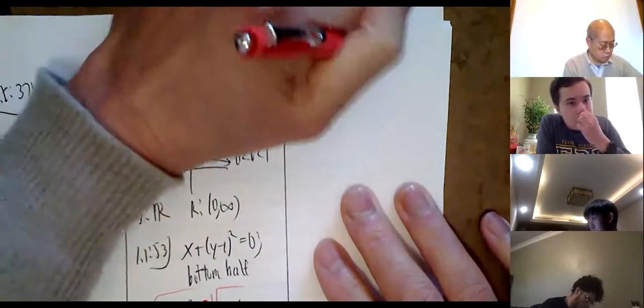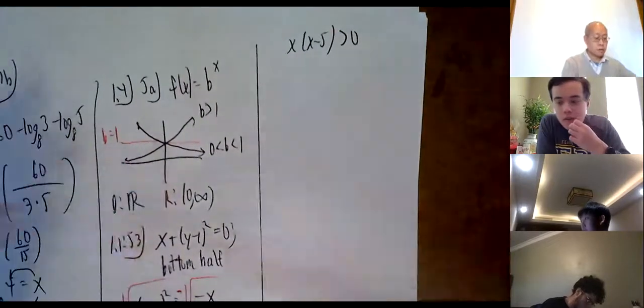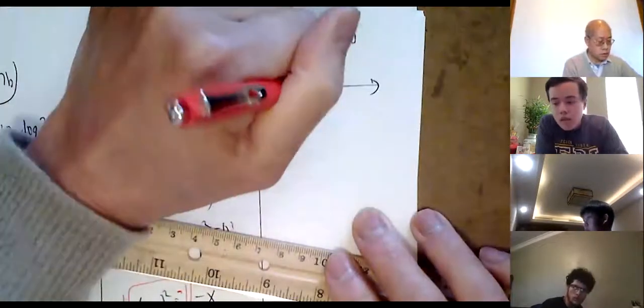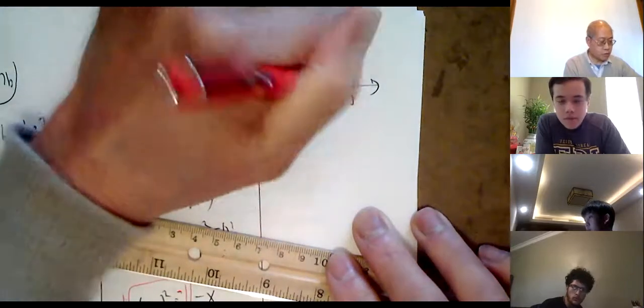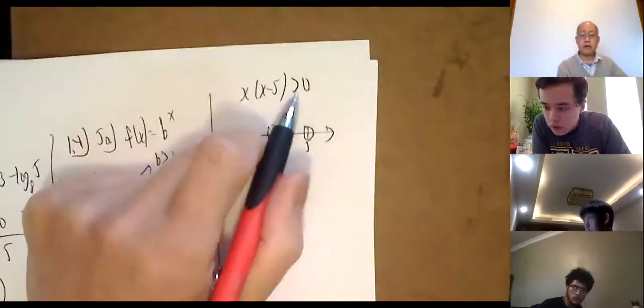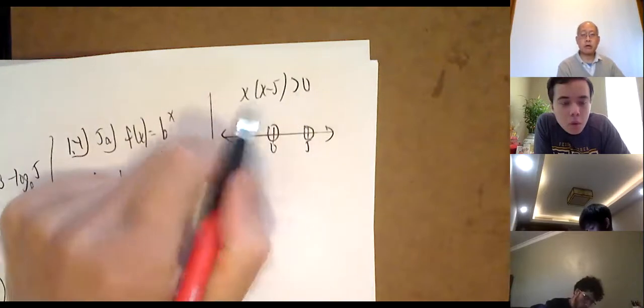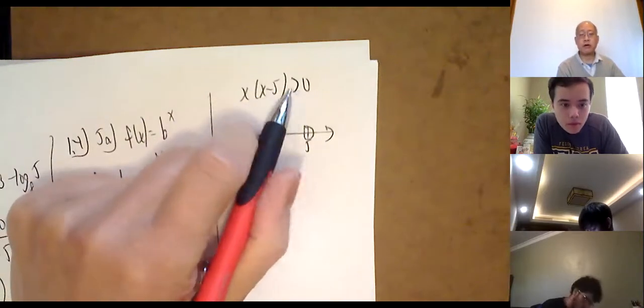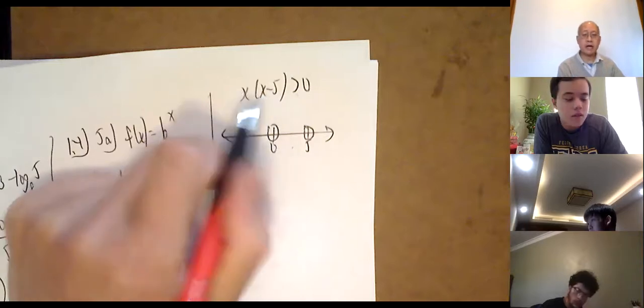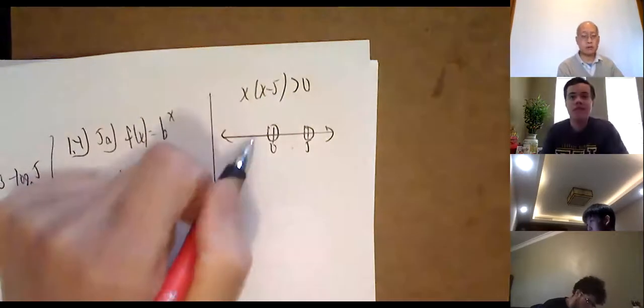So I draw my number line. Here's 0, here's 5, open circle, open circle. Both of them are open because I don't have the line underneath it. If I plug in 0, it would be 0 is greater than 0, false. If I plug in 5, 5 minus 5 is 0, 0 times that is 0. 0 is greater than 0, false.